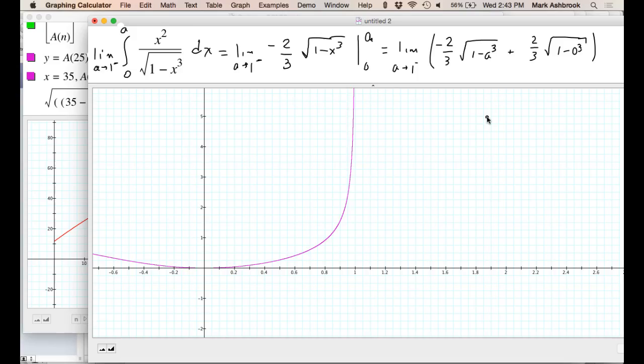Just getting closer and closer to 1, what is this square root of 1 minus a cubed going to do? You said go to 0. Agree with that? A cubed will get closer and closer to 1 as a gets closer to 1. So 1 minus 1, this will go to 0. And so then what does our limit equal? If this thing goes to 0, then our limit equals 2/3.